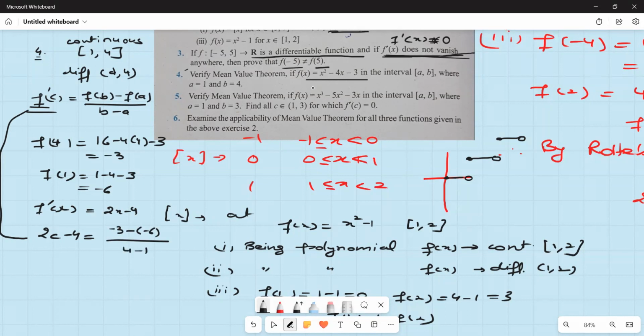Clear? f of b minus f of a upon b minus a. So this is minus 3 plus 6 upon 3. So this is 3 upon 3, 1. So 2c is equal to 5. So c is equal to 5 by 2. Clear? Same for this question we can say.